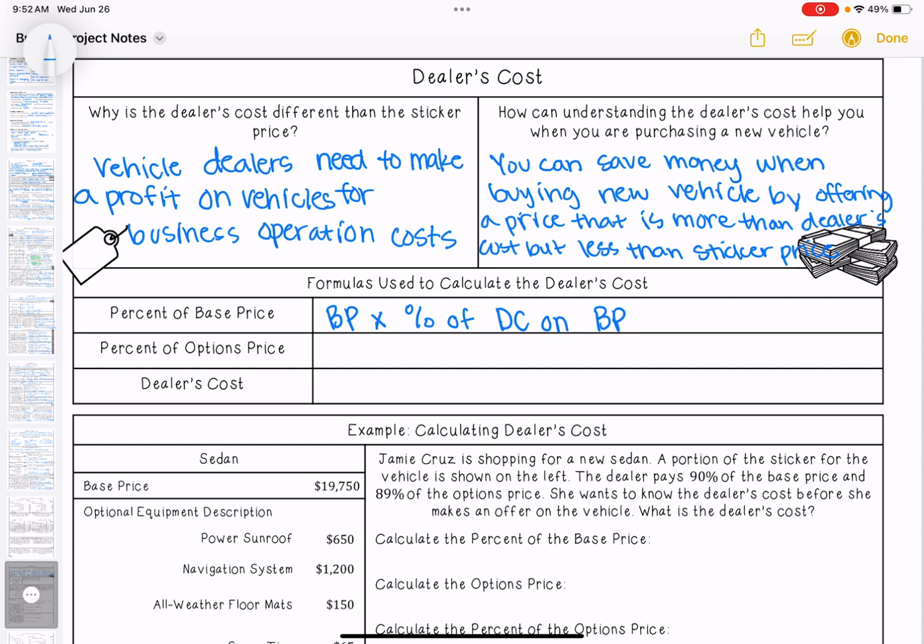All right, the next one, percent of options price. So this is options price times percent of dealer's cost on options price.